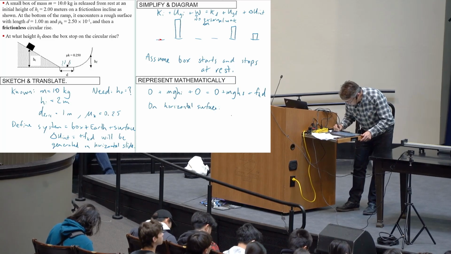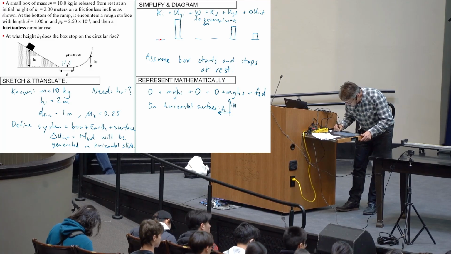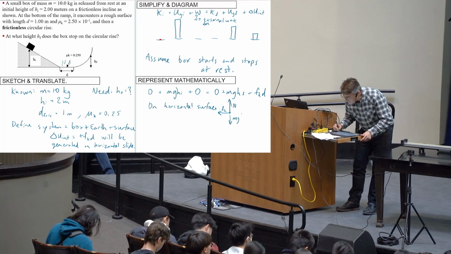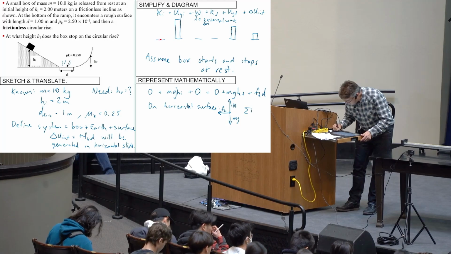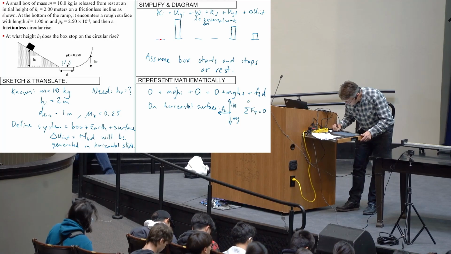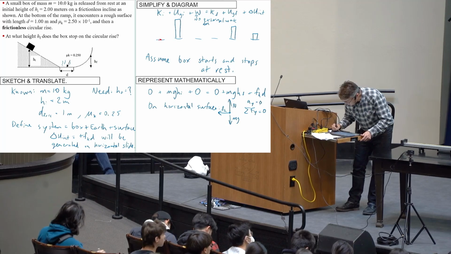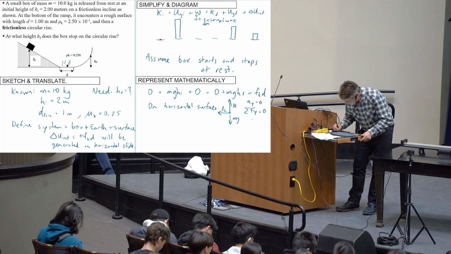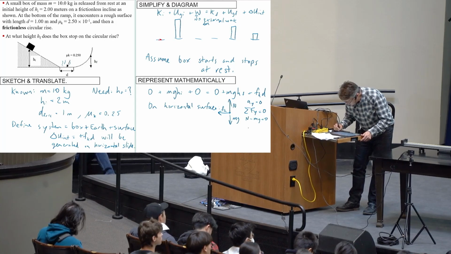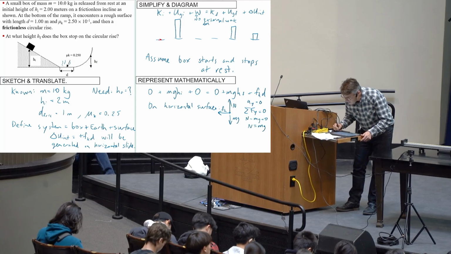So you've got normal force up, Fk backwards, mg down. The sum of all the forces in the y direction equals 0 because there's no y acceleration. So the normal force minus mg equals 0, so the normal force equals mg.